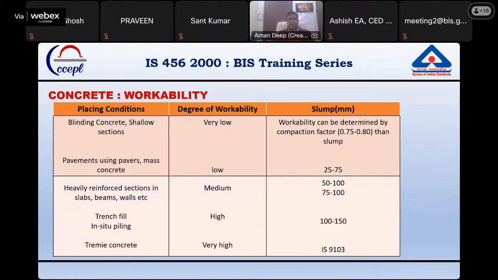In special circumstances, we can have very high slump requirements, between 100 and 150 mm. For tremie concrete, and concrete which is to be pumped for placement, the flow requirements could be even higher. So we have to design the concrete mix as per the workability requirements.